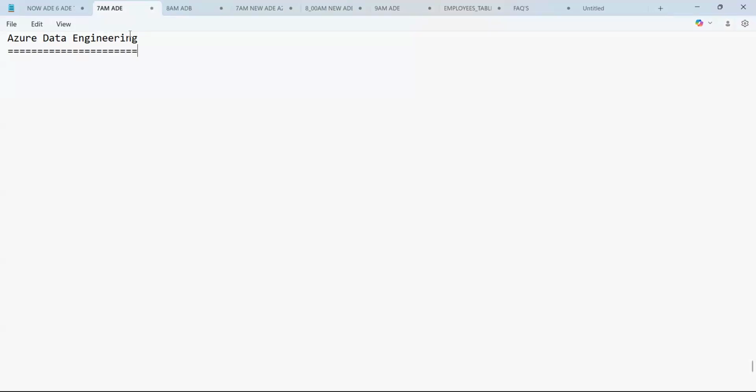What is Azure Data Engineering? Azure is the name used by Microsoft to market the cloud services. So to market the cloud services, Microsoft is using the name called what?